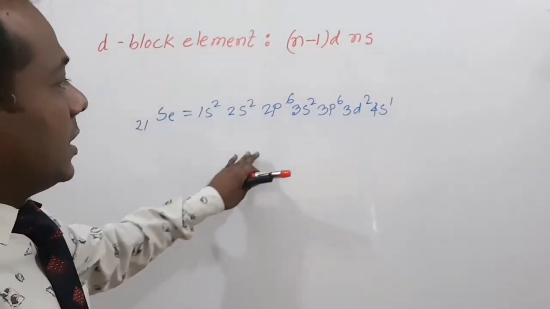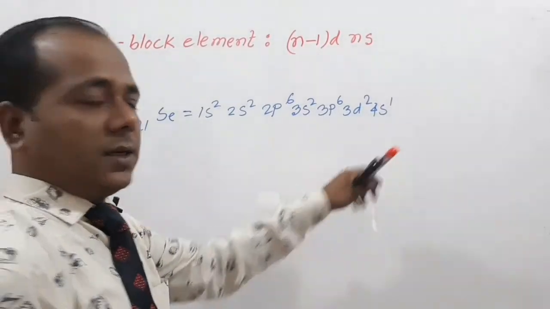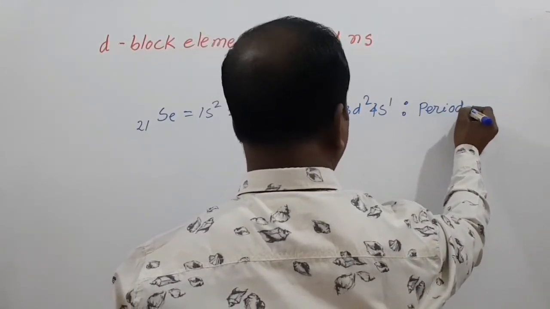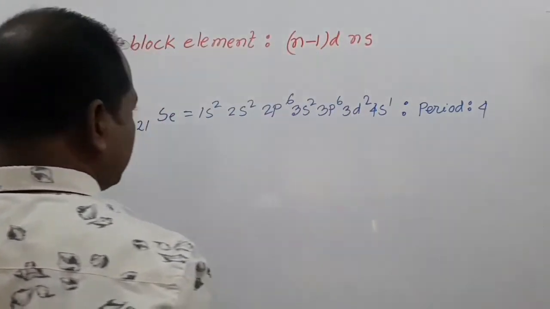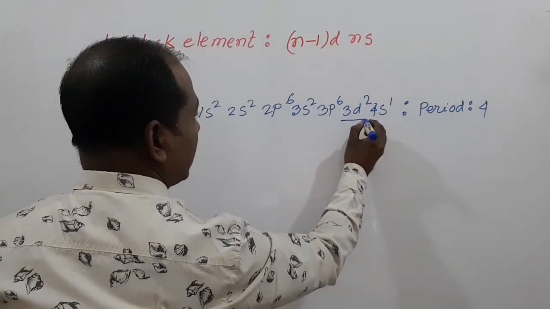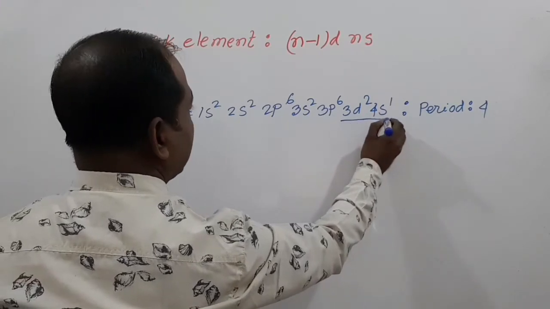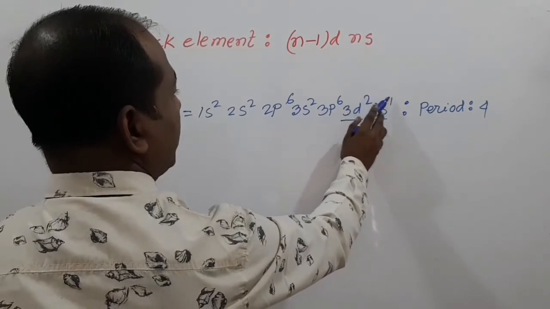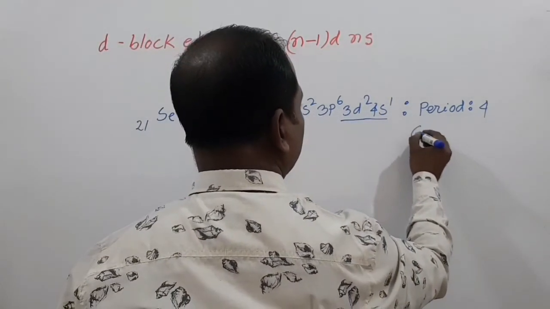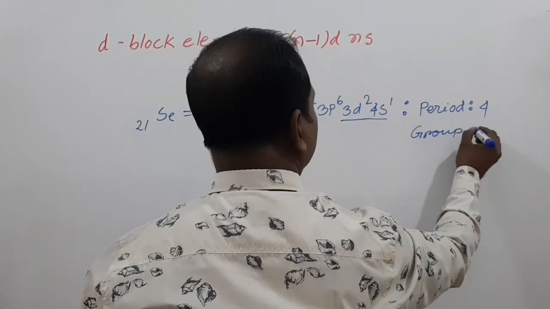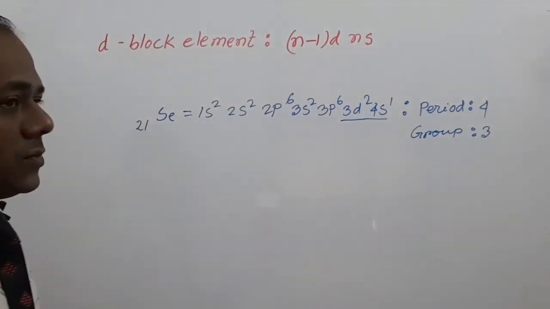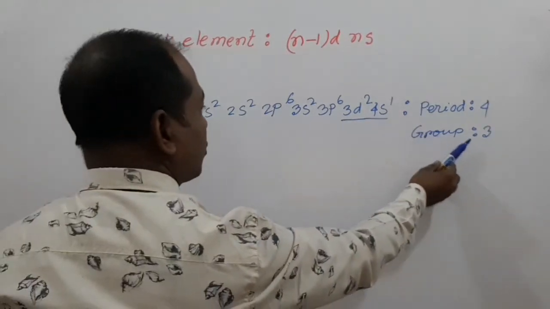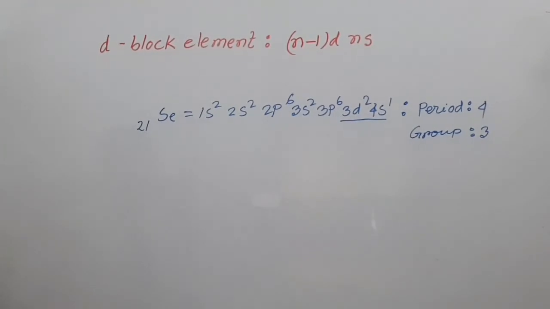Here the outermost shell is the fourth shell, so scandium is present in period number 4, and the n-1 d orbital and ns orbital contain a total of 2 plus 1 equal to 3 electrons. So group number equals 3. So we can say that scandium is present in group number 3 and period number 4 in the periodic table.